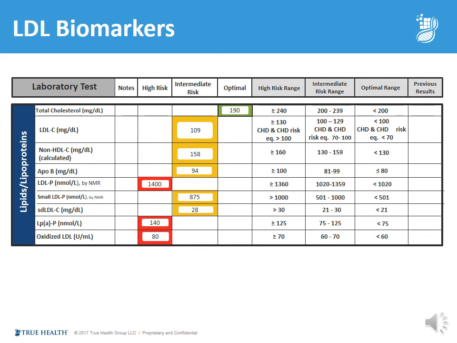You have both small LDL particle counts and small LDL cholesterol, which are reflective of the presence of insulin resistance. You have the Little A particle count, and you have oxidized LDL concentration. Of course, all have an optimal range, a range that is somewhat abnormal, and a range typically associated with higher risk. And it's very easy to interpret because the concentrations that are reported are color-coded.